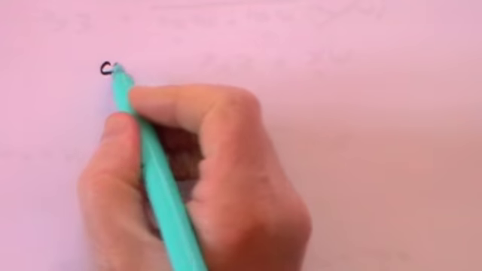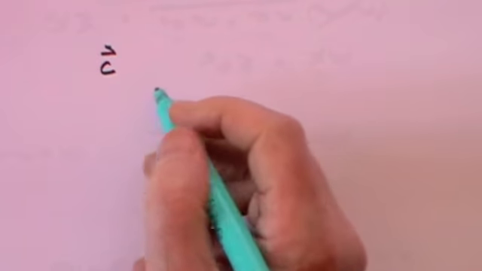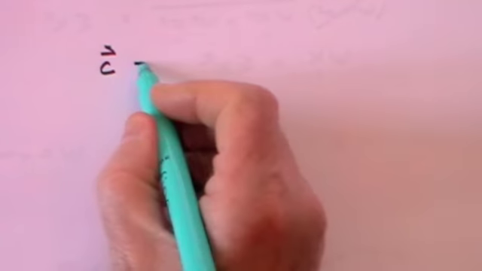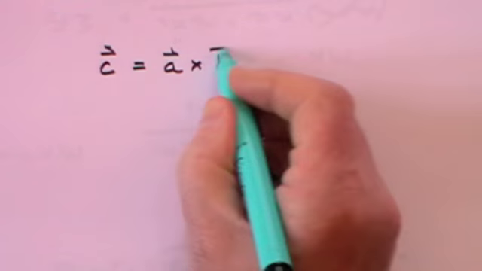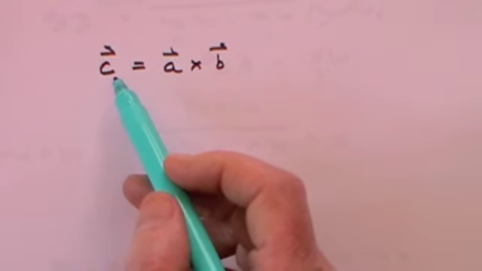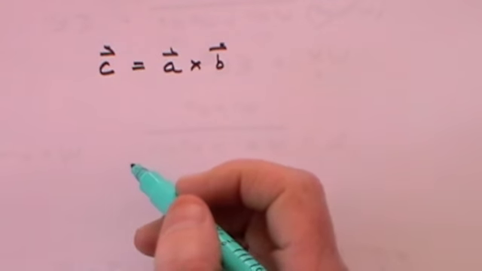And finally we move to the vector product, which is a vector, not a scalar as it was with the dot product, and is equal to the vector A cross the vector B. C will therefore be a vector. It will have magnitude and it will have direction.